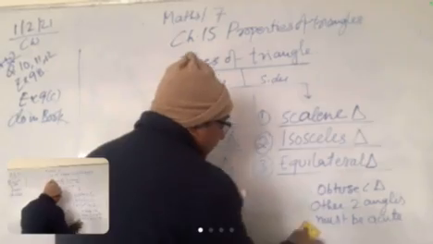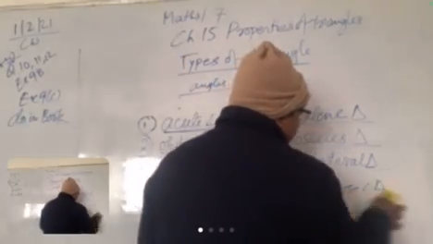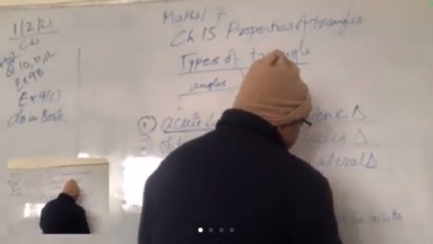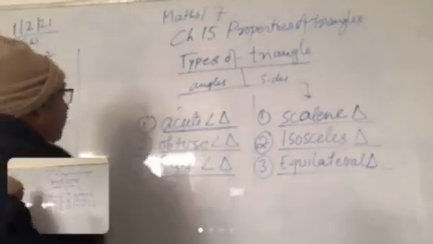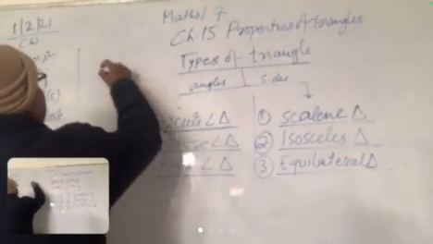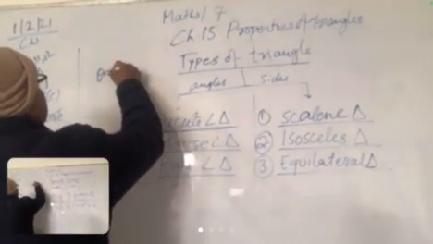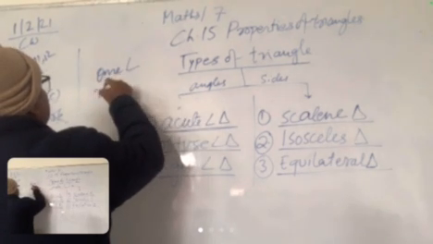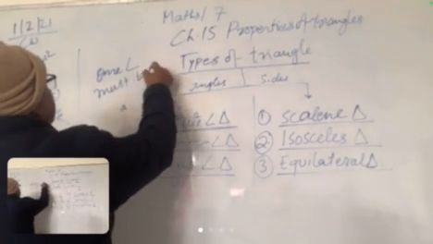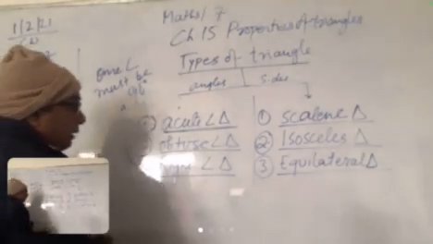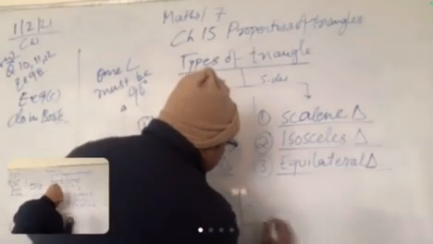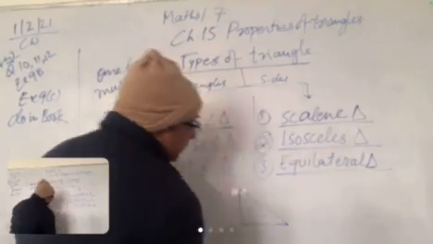Now in a right angle triangle, one angle must be 90 degree. Clear? See, this is a right angle triangle like this.